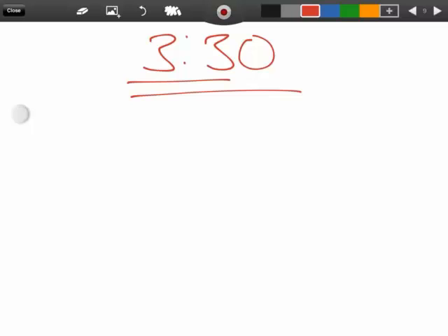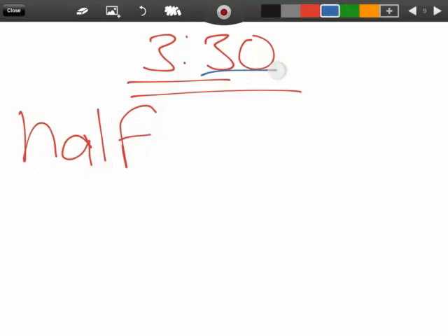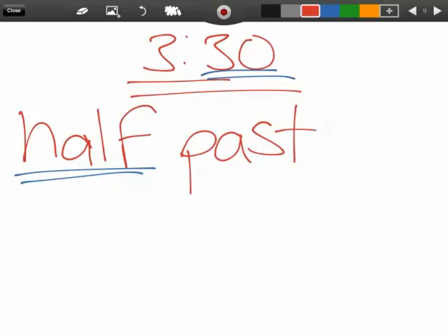Now, let's move on to our example. Let's say 3:30. I am going to say half, which is this right here, past. We are using past because it is between 1 and 30. Sorry about that.